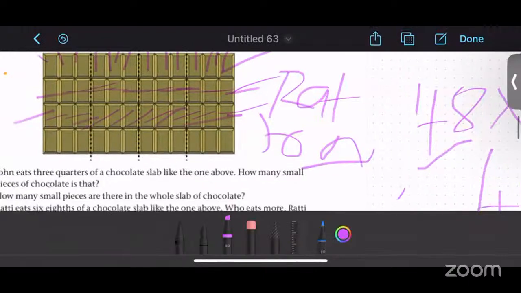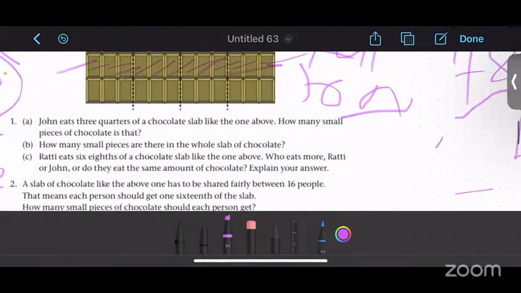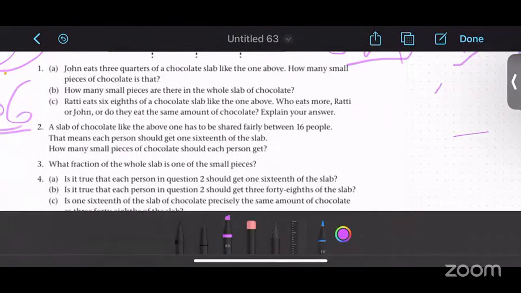Now let's move to number two. They say a slab of chocolate like the above one has to be shared fairly between 16 people, which means each person should get 1/16th of the slab. How many pieces of chocolate should each person get?